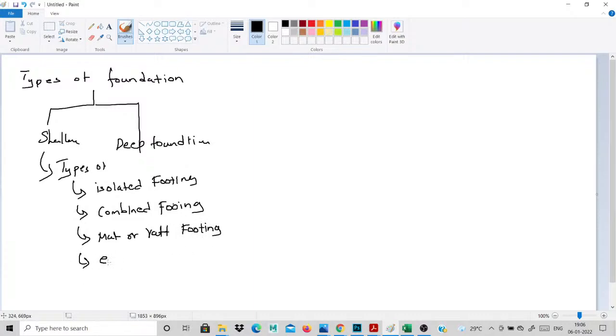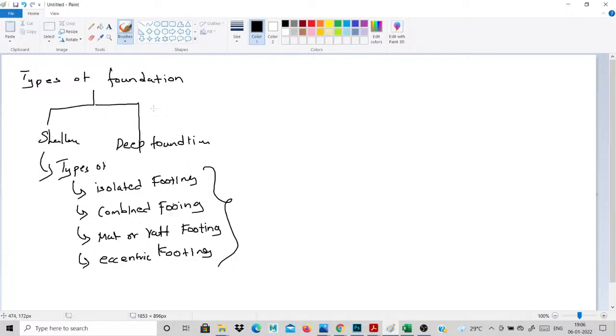And the last one is the eccentric footing. These are the four common types of footings used in any residential building.